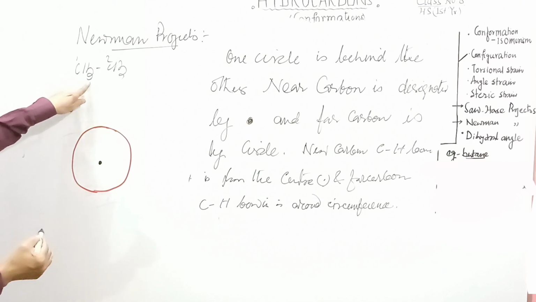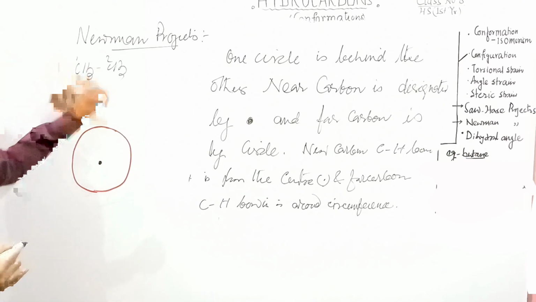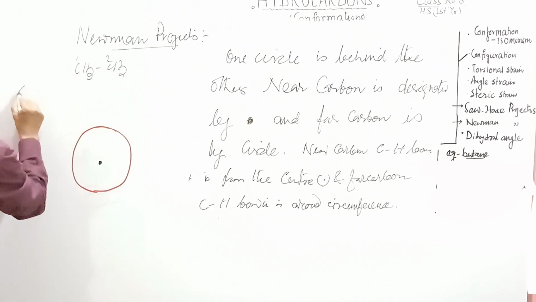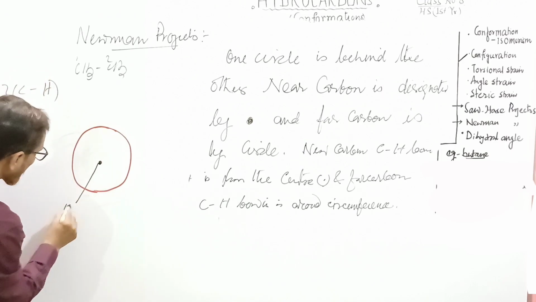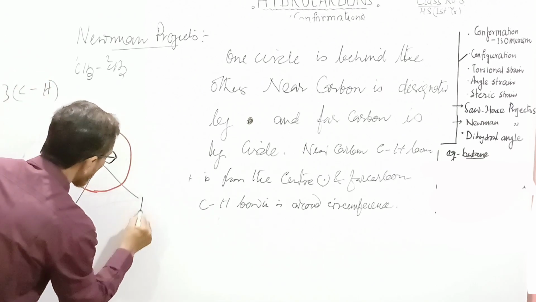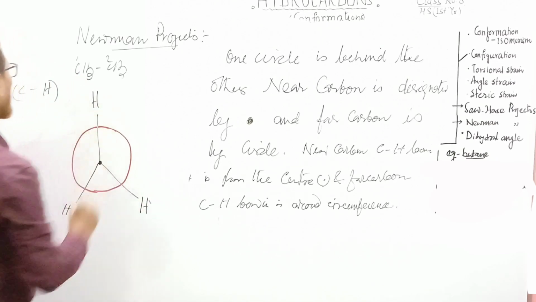If you assume this dot is carbon 1, and that circumference is another carbon, carbon 2. So it has 3 hydrogen. So CH bonds, there are 3 CH bonds. Those 3 CH bonds are from the center: H, H, H. Am I right?